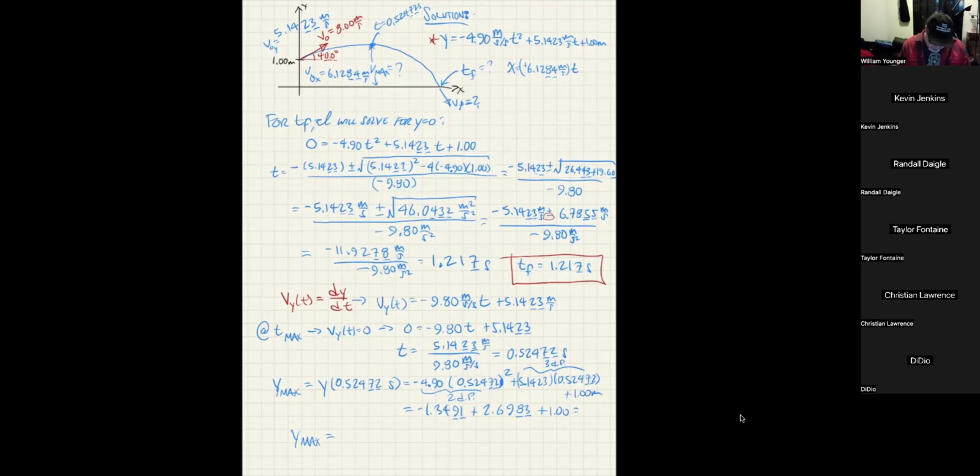I get 2.34, and I can carry 2 extra digits, meters. So my Y max should be 2.35 meters roughly. Any questions on that one?